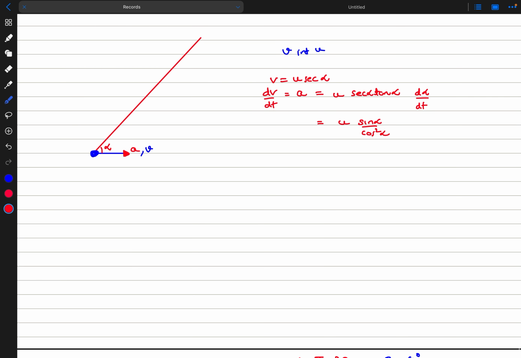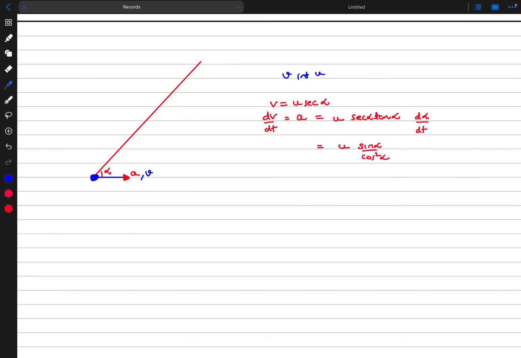Now we just need to figure out d alpha over dt. You can use the physics logic to find d alpha by dt. As this angle is also alpha, the component of velocity normal to this line is V sin alpha. So the omega of this line, which is also d alpha by dt, is going to be V sin alpha divided by this length, let's call it R for now.